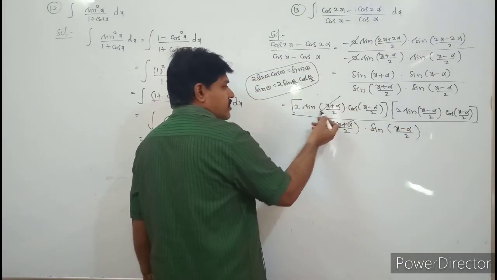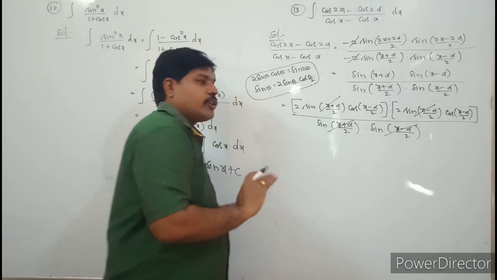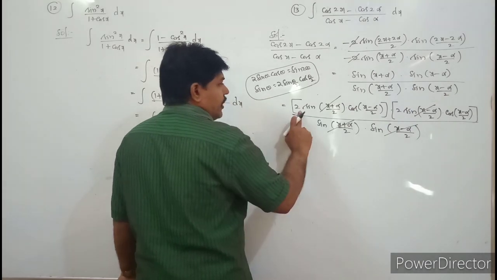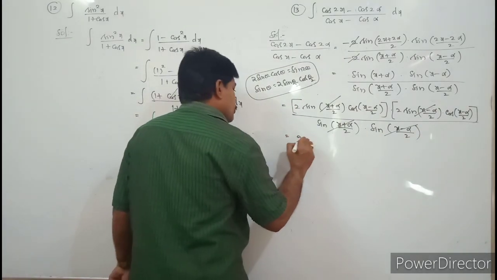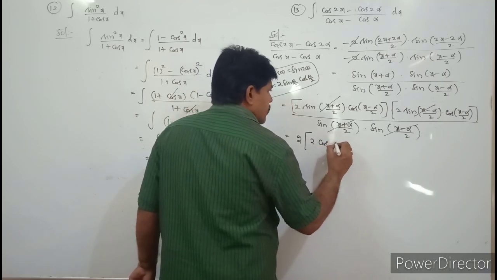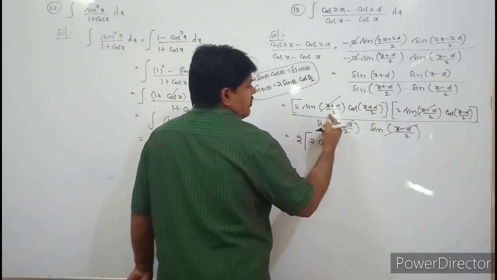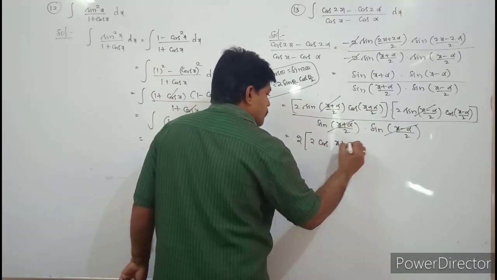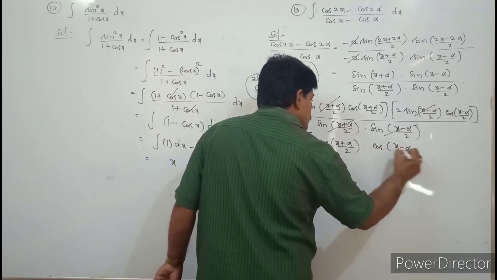Sin x plus alpha by 2 will be cancelled. Sin x minus alpha by 2 will be cancelled. What are the remaining terms? 2 into cos of x plus alpha by 2 into cos of x minus alpha by 2, the plus 2 sin theta by 2 cos theta by 2 form.